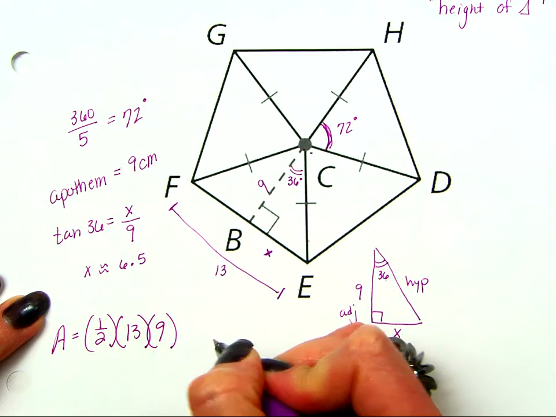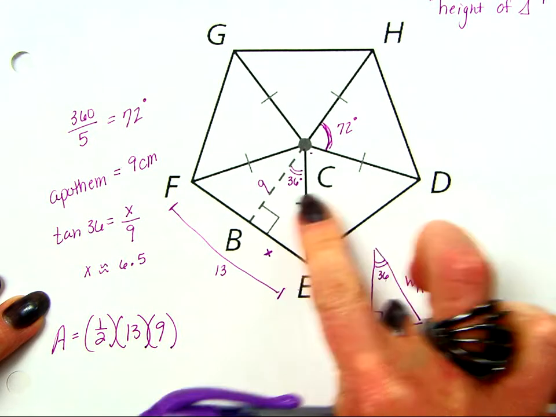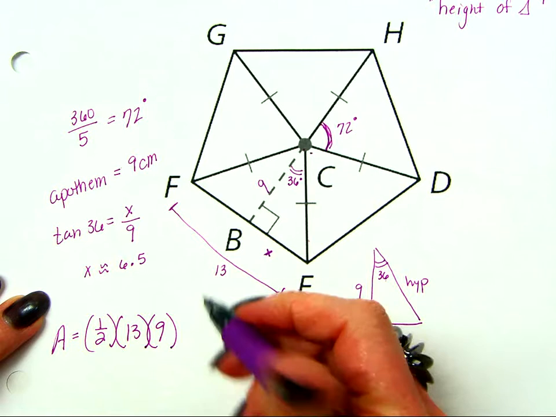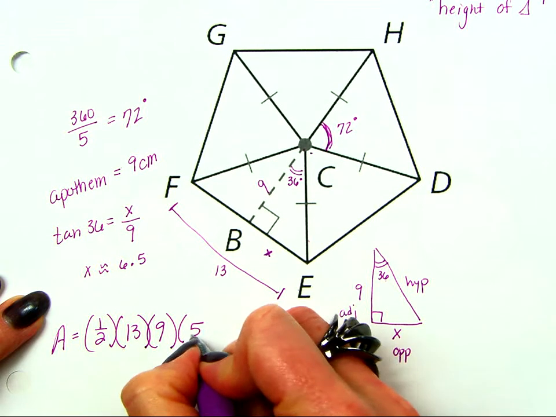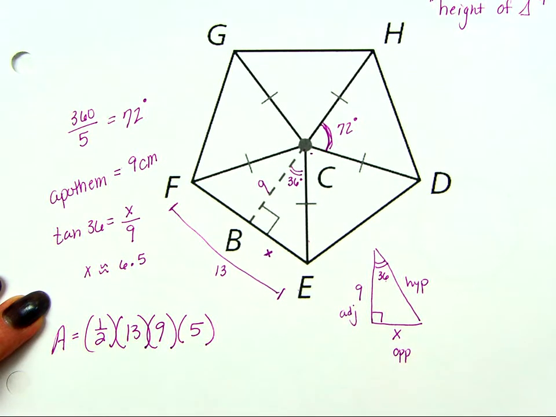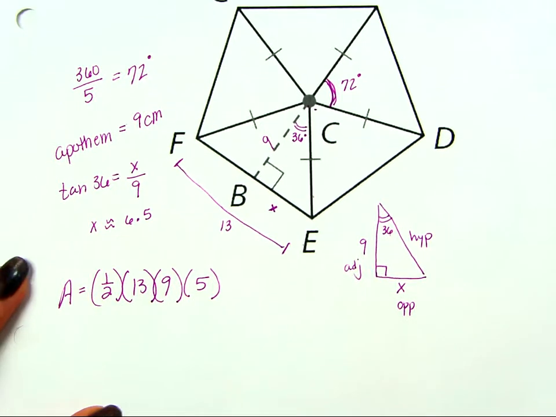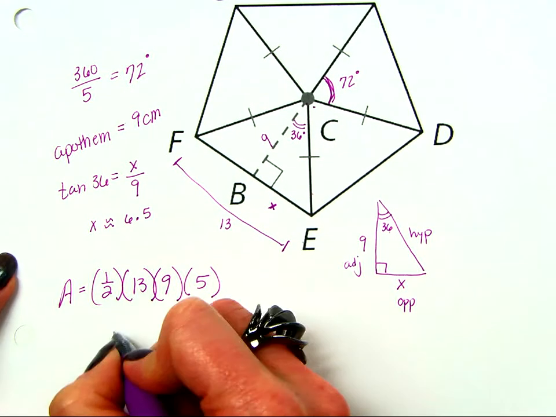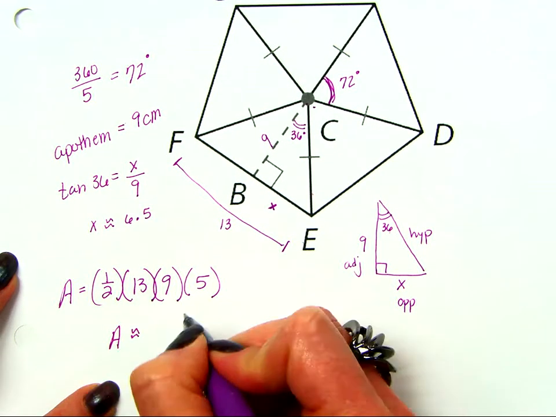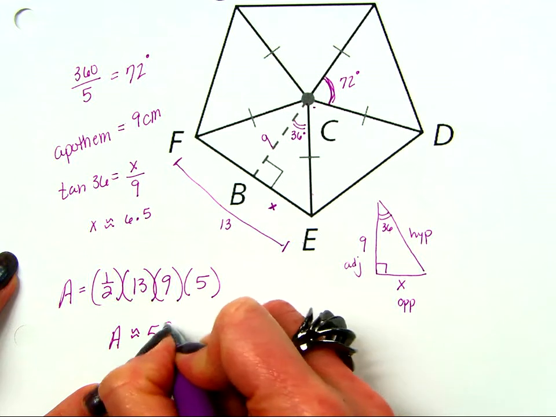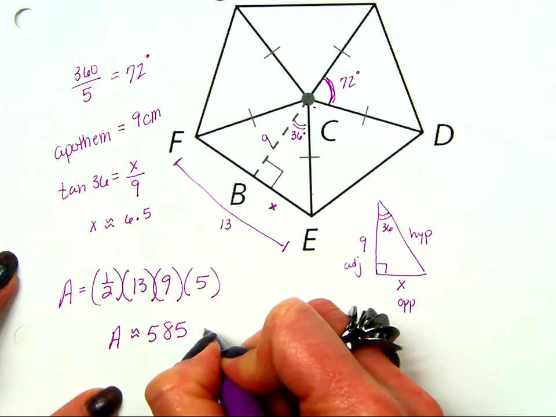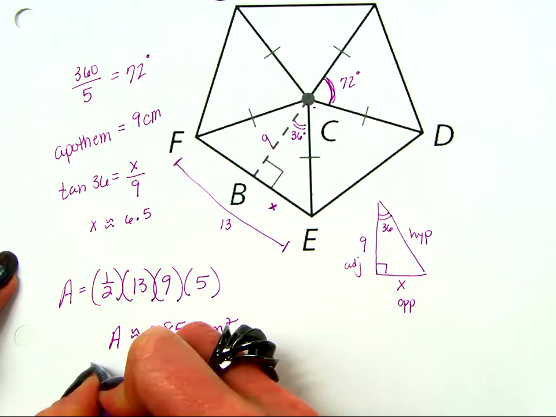That would be one triangle. But in this figure, I can see that I have 5 of those all the same, so I'm going to multiply that number by 5: 1/2 times 13 times 9 times 5. Now we have done a little bit of rounding here, so this is an approximation, but we're going to find out that our area is going to come out to about 585 centimeters squared.